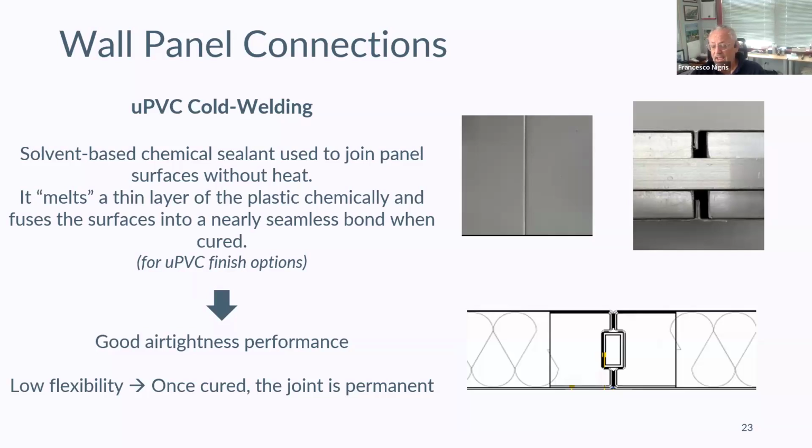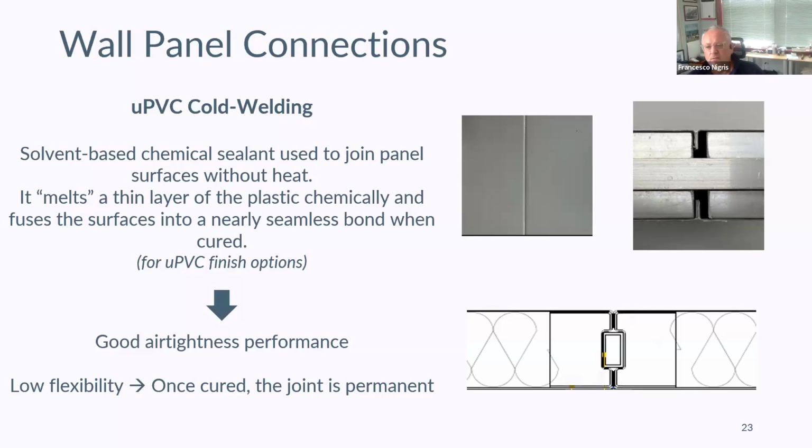Another question you need to answer is, what is the caulking, the connection between panel and panel? If you go with UPVC, sometimes the UPVC panel is chosen because it uses cold weld. That is fine. You have a chemical welding between panel and panel, and this can be the perfect solution. But remember, if you're using this system, you're going to lose all the modularity, all the possibility of a non-progressive solution.